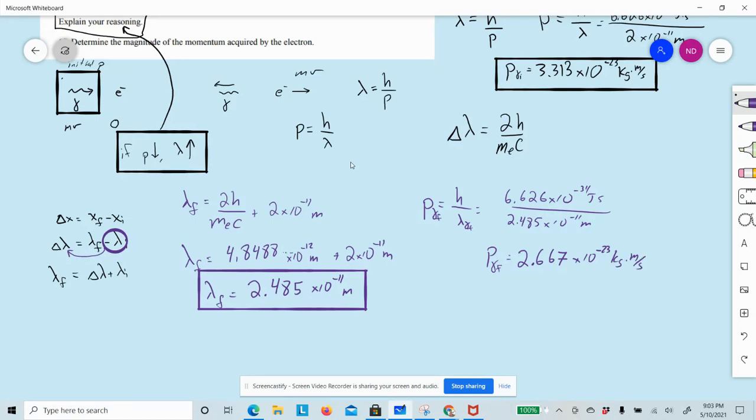Now, the momentum of the initial thing plus the momentum of the electron, which is 0, will be equal to the momentum of the final photon plus the momentum of the electron.